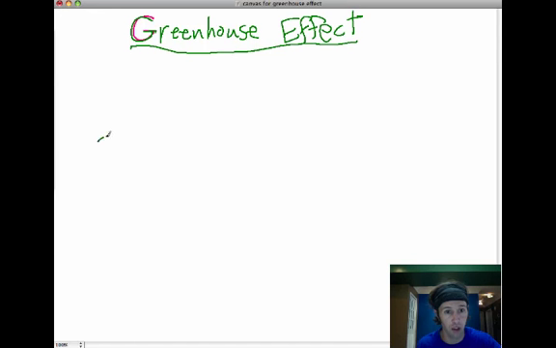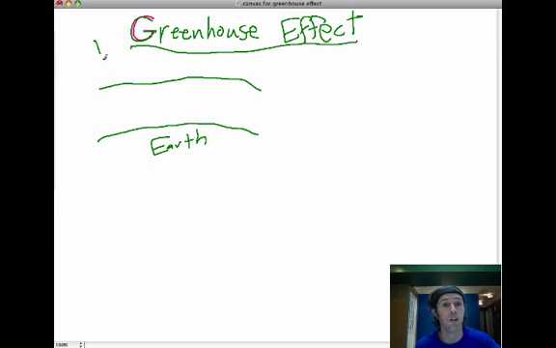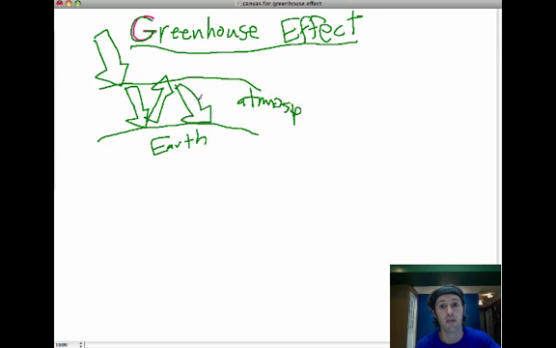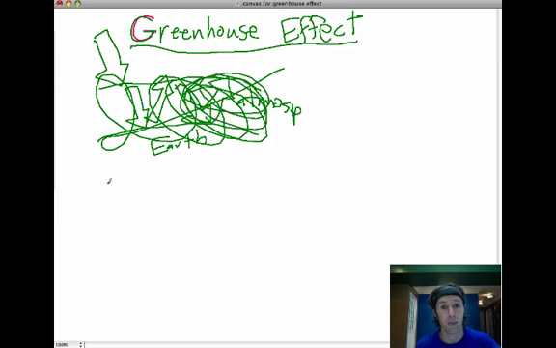Most people think that you've got your Earth here, you've got your atmosphere up here, and you've got all of this radiation coming in, and that it comes in, hits the Earth's surface, and is bounced and trapped by this being the atmosphere. And then it just continues to bounce around, and that is what makes the Earth's surface heat up. That is wrong. Don't think that.